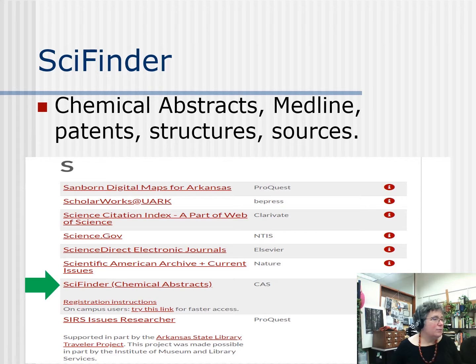You do have to register for it. You can see on the slide that it has registration instructions. And if you don't have a UARC email yet, that's one of the ones that you need a UARC email for your registration. So I'll just mention that. I know some of you do have a UARC email, and then once you've registered, you should be able to go ahead and use it if you care to.